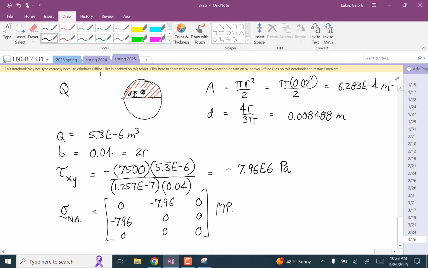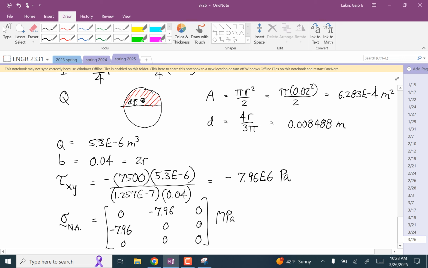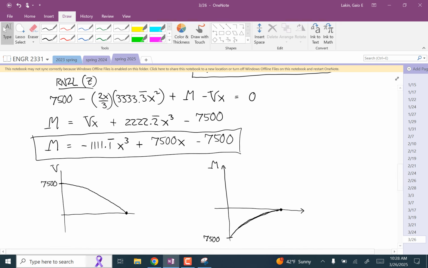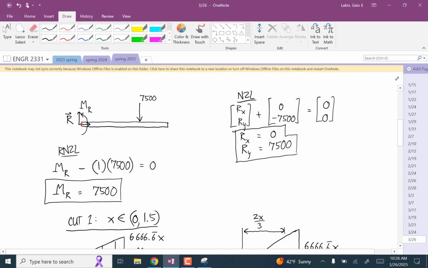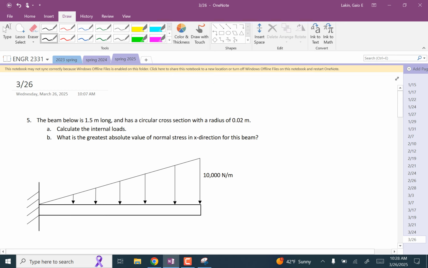This is in megapascals. And the question asks for the greatest absolute value of normal stress. Oh, in the x direction.